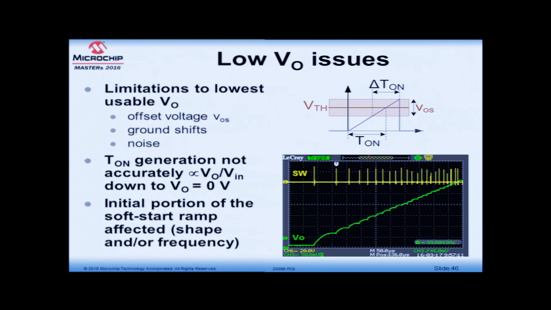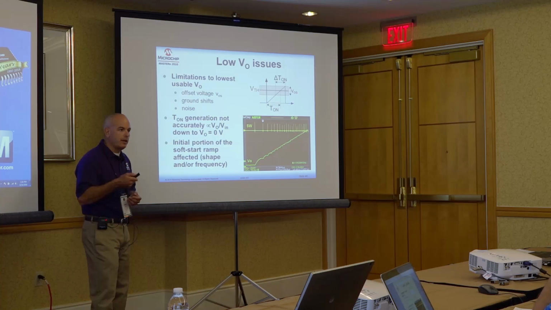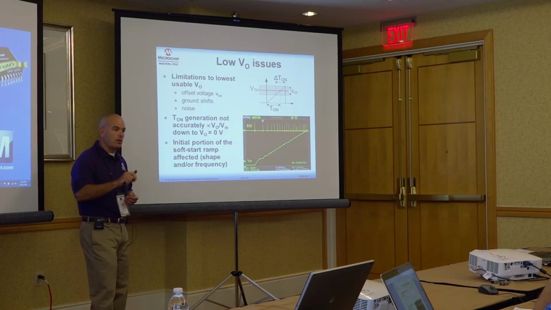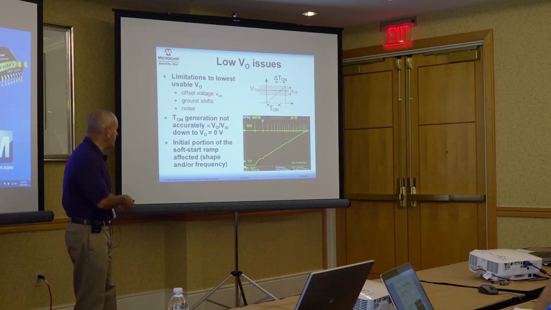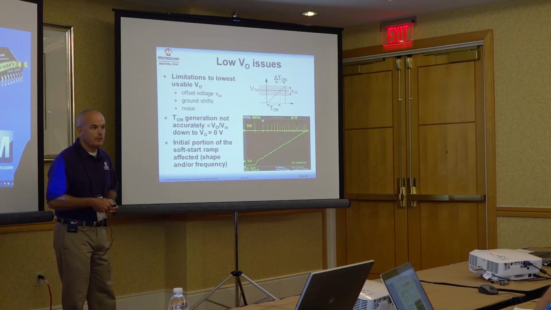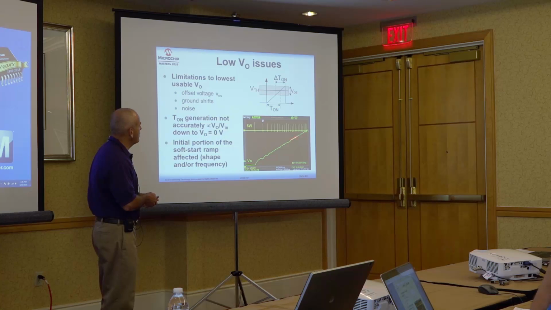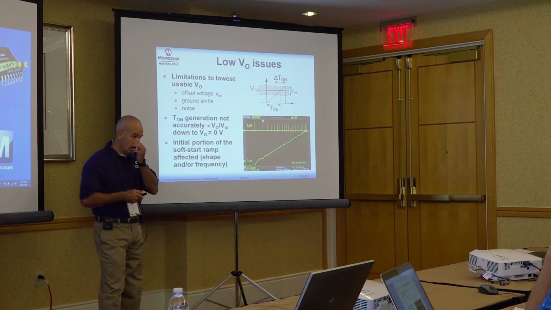So when this threshold approaches 0 with all these uncertainty factors, the proportionality will not be there anymore. And there is indeed one operating condition during normal converter operation where you are working with a voltage which is extremely close to 0 volt, and that is namely the beginning of the soft start. Here we are seeing the behavior of a constant on-time controller during a closed loop soft start.